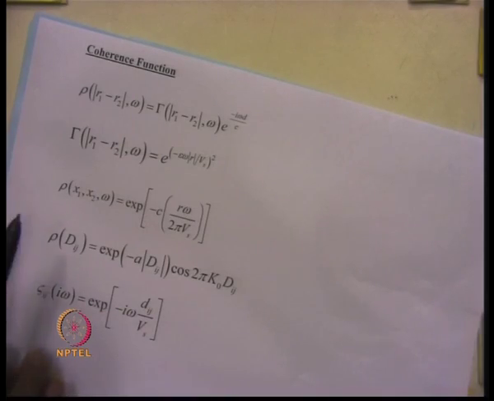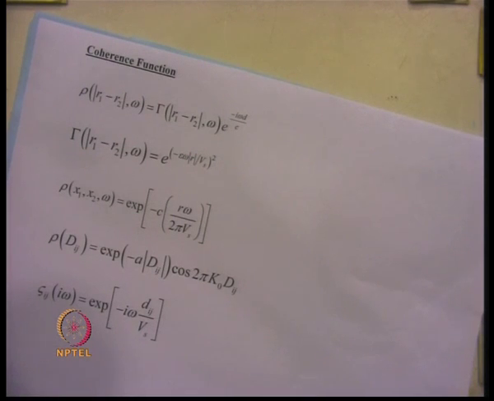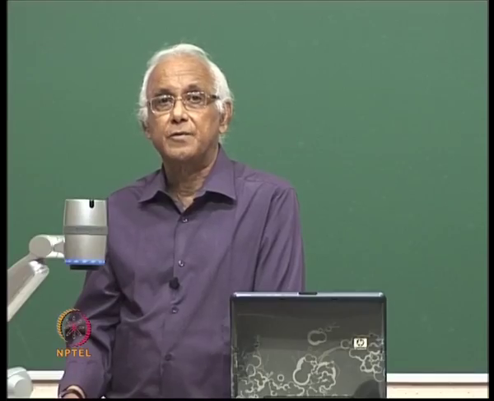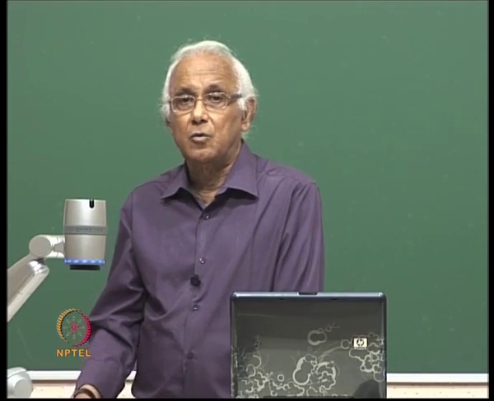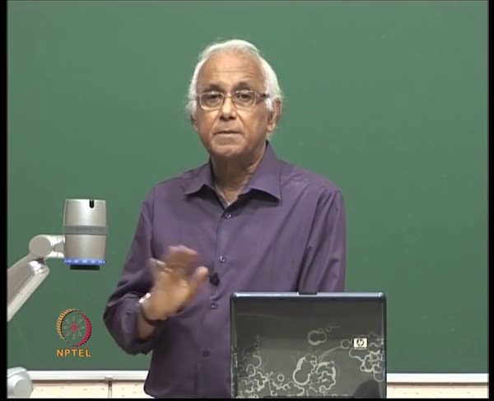Next we come to the coherence function that we discussed before. The coherence functions are used for obtaining the cross power spectral density function of the ground motion between 2 points.